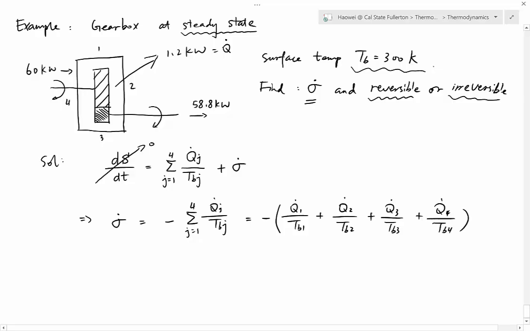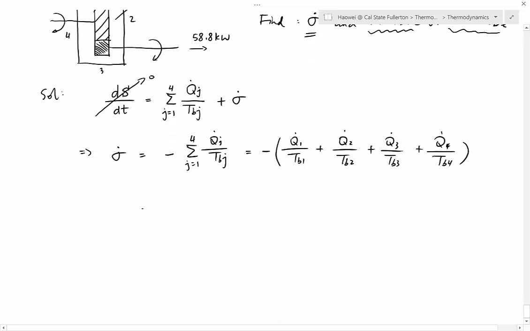Tb is given as 300 K. So Tb1 is equal to Tb2, equal to Tb3, equal to Tb4, and equal to 300 K. So they have the same denominator. So we just have Tb, and it becomes Q dot 1 plus Q dot 2 plus Q dot 3 plus Q dot 4.